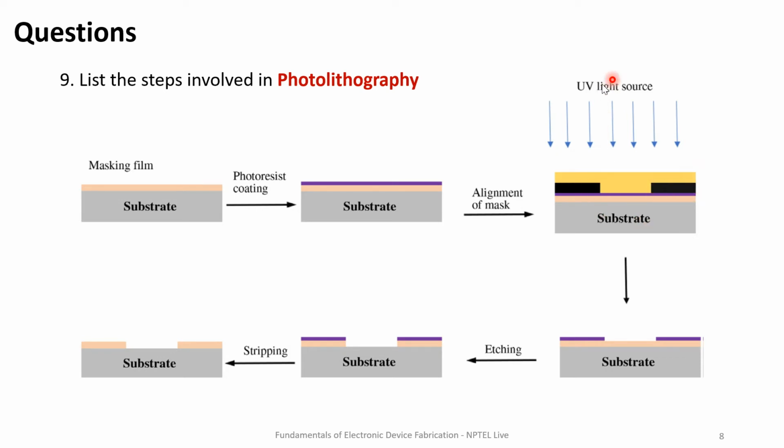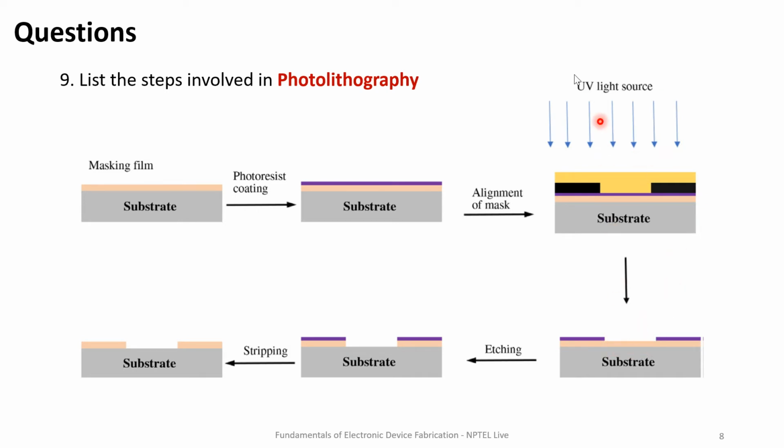When the UV light is given, the photoresist will undergo certain changes in orientation, because of which it becomes more soluble or less soluble. When we develop it using a particular chemical, we can say that a positive photoresist was used, right? Because wherever it was covered, that became less soluble.